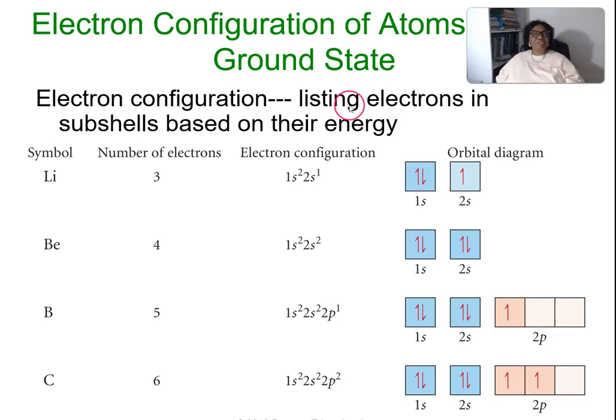So electron configuration is the listing of electrons in subshells based on their energy. So let's look at lithium. Lithium has 3 electrons. Its electron configuration is 1s2, 2s1. So these are the electrons.